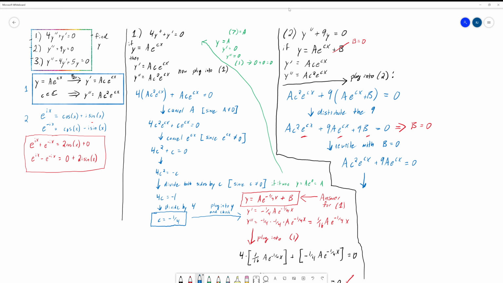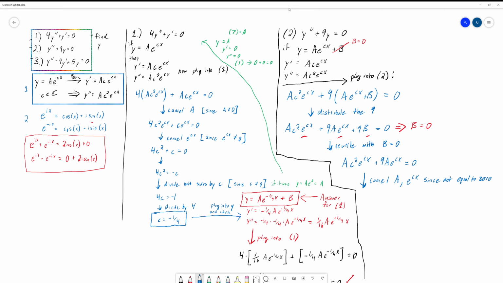I'm just going to combine all the past steps into one here and say cancel the a and the e to the cx, since they are not equal to 0. Since if it were, you'd end up with this sort of situation where y is at most a constant, and your differential equation is what's called trivial, because nothing is happening.